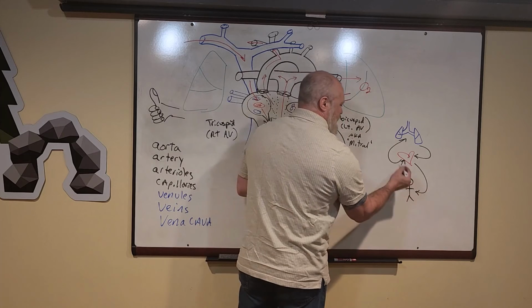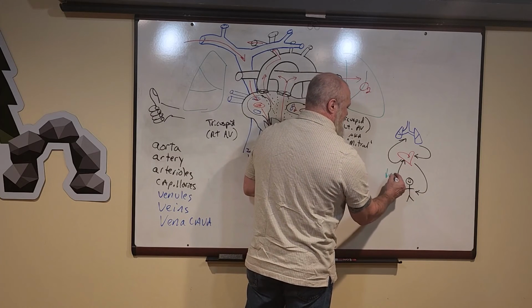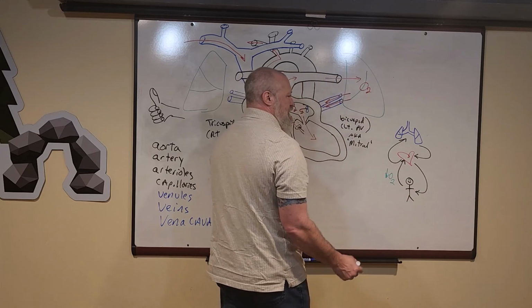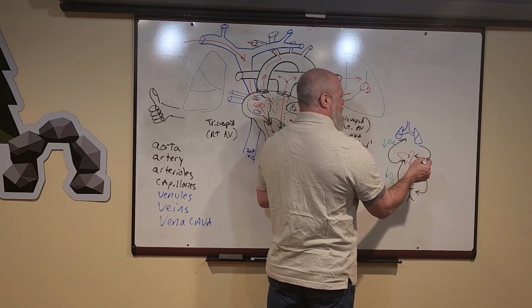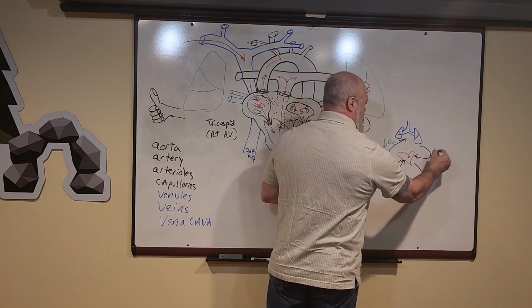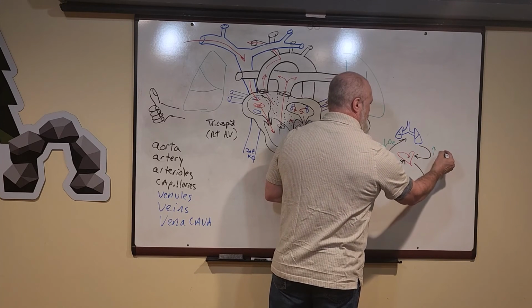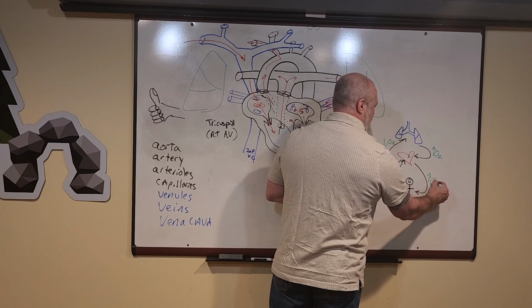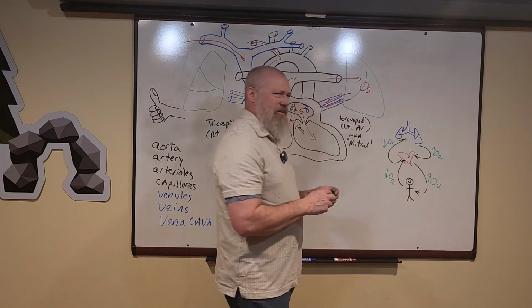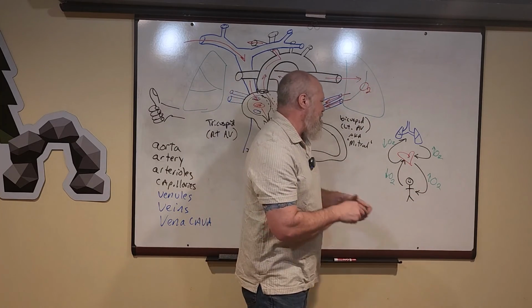The blood that's returning from the body has less oxygen. The blood that is returning from the heart, from the lungs, has more oxygen, and the blood that's heading out to the body has more oxygen. I think I might have messed that up, so let's try it again.